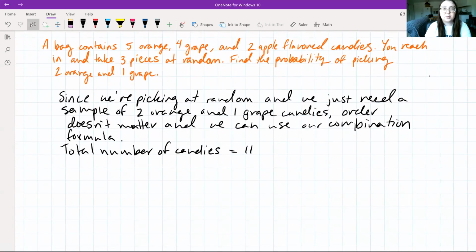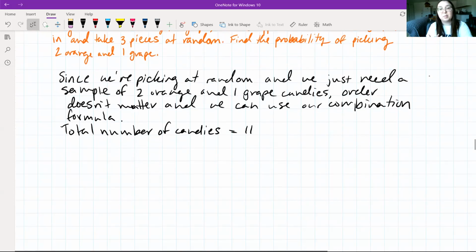We want to know if we take random samples, what are the odds we're going to get 2 orange and 1 grape. So we're going to be picking out a sample of 3. So our total number of candies is 11. Our sample size is 3.